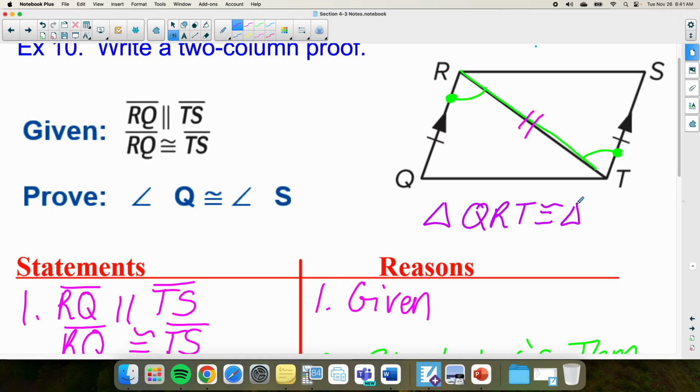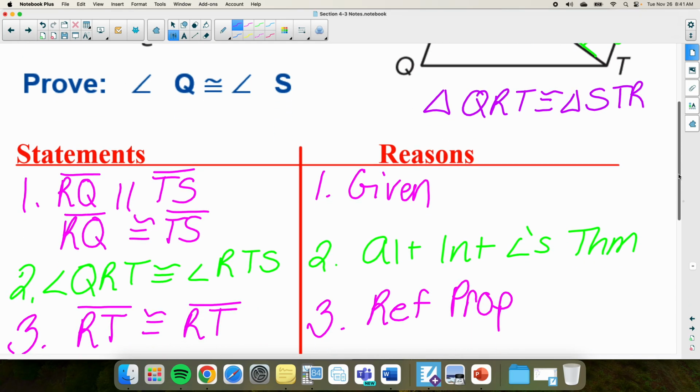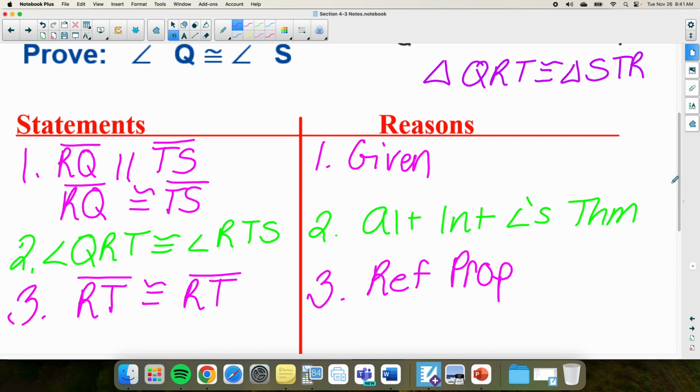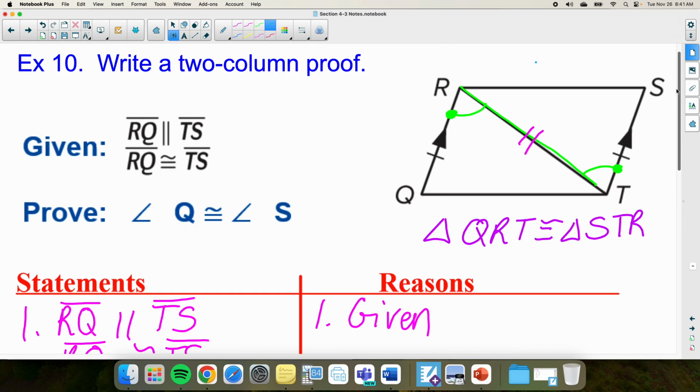Along the side with 1 and then 2, so that'd be STR. Okay, so I'm gonna write that down. So it's triangle QRT is congruent to triangle STR. And that is by side angle side, side angle side.